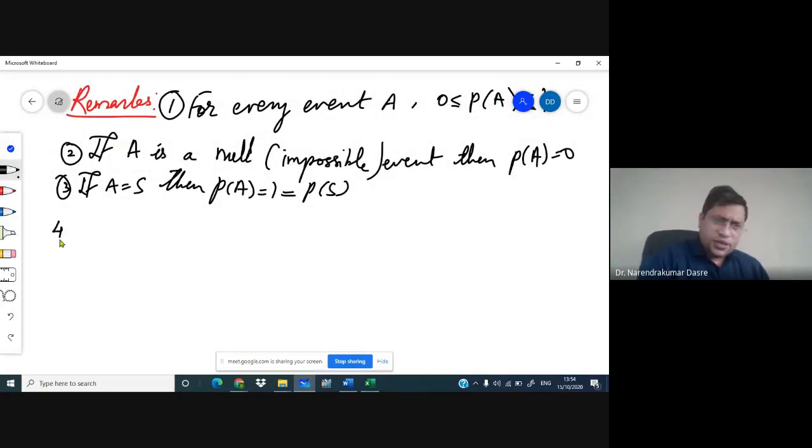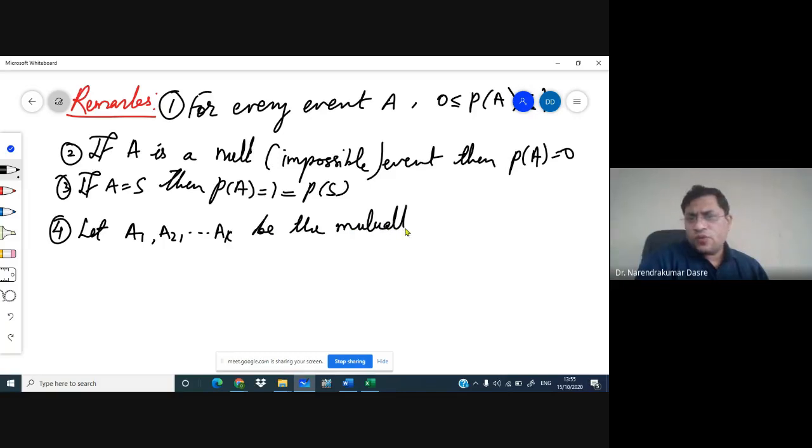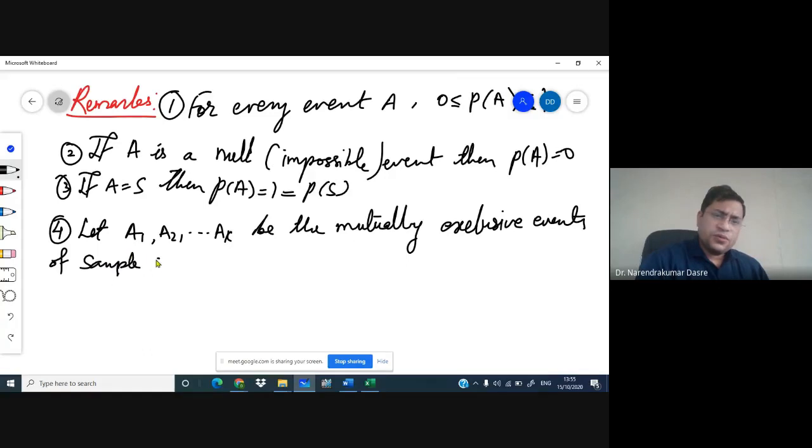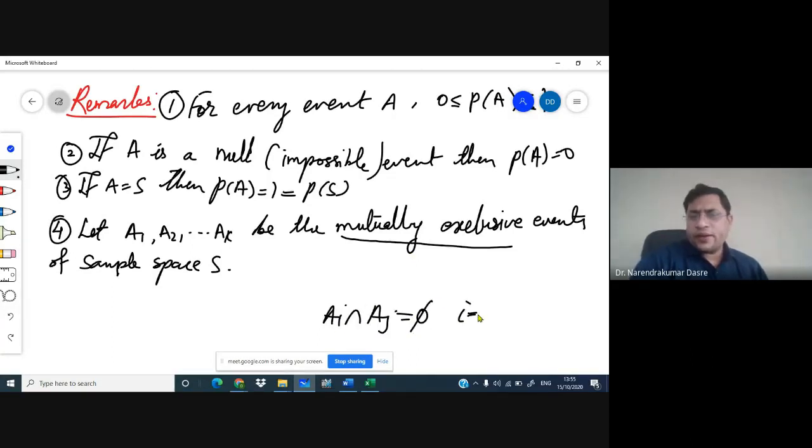Next, consider A1, A2 up to Ak to be mutually exclusive events of a random experiment with sample space S. Mutually exclusive means Ai intersection Aj is equal to phi when i is not equal to j.